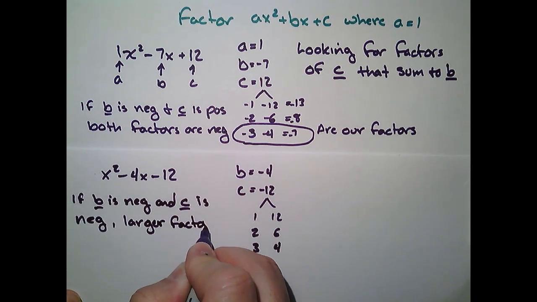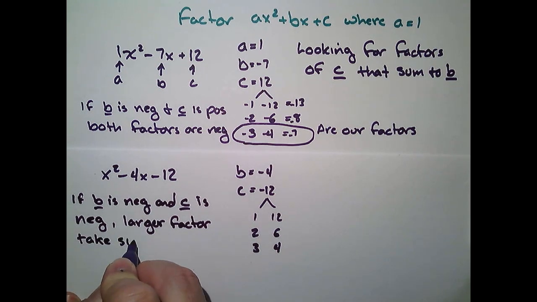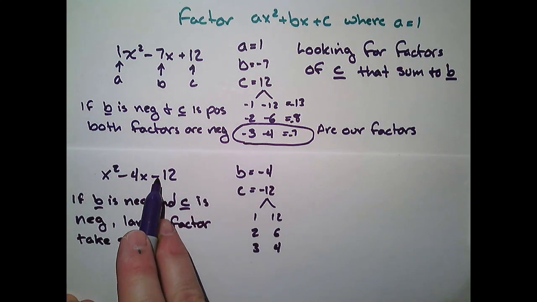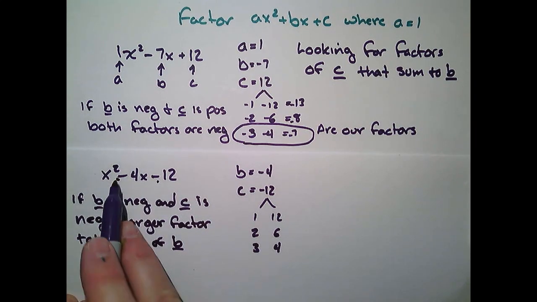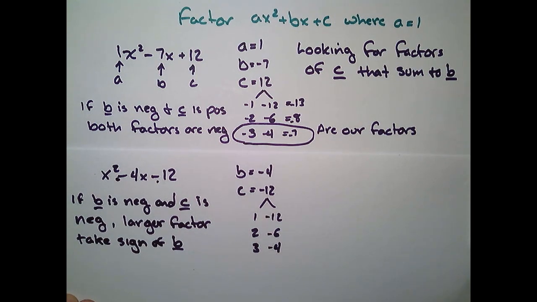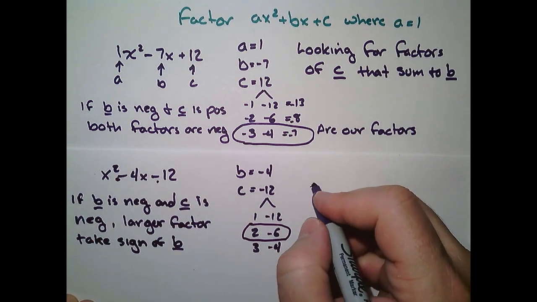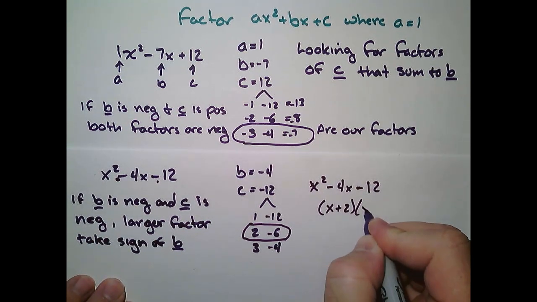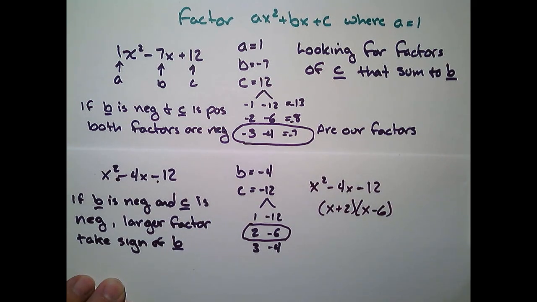So our larger factor has to be negative in this case. And this actually works for if b is positive. If the c is negative, then the larger factor takes the sign of b. So we got a negative 12, so a negative 4. So we mark those, and then we can see that 2 and negative 6 add up to negative 4. So our factors here in this case are x plus 2, x minus 6. There we go. So factors of c that sum to b.